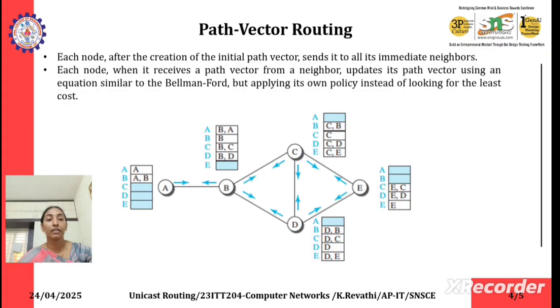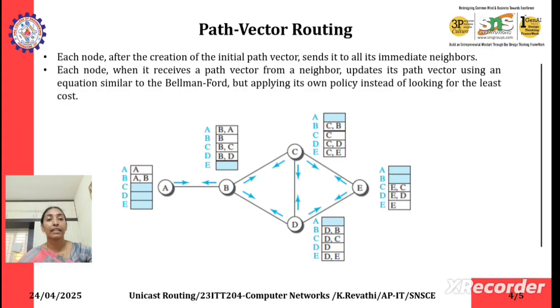Then from the D node, there are three immediate neighbors, B, C, and E. It will be denoted in the routing table like D is the source node and B is the destination node, D is the source node and C is the destination node, and there is no self loop between D and D. It will be directly denoted as D, and D is the source node, E is the destination node.